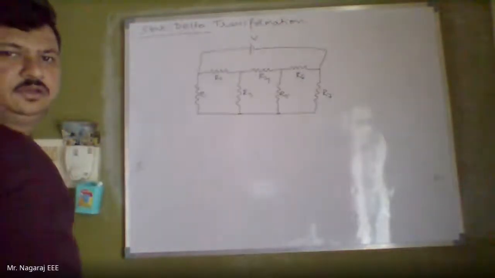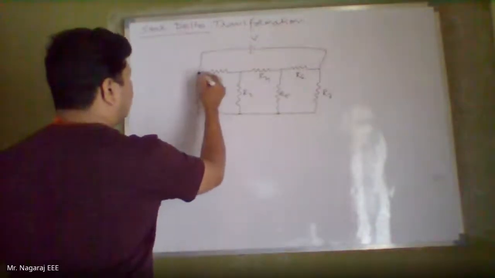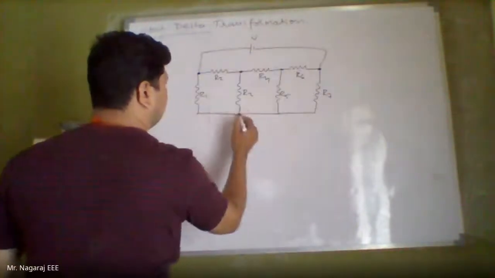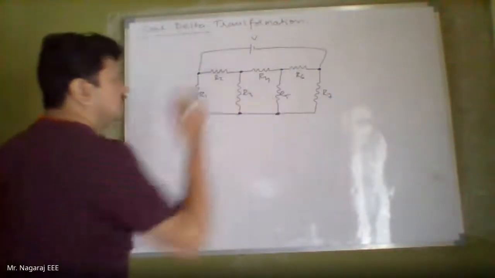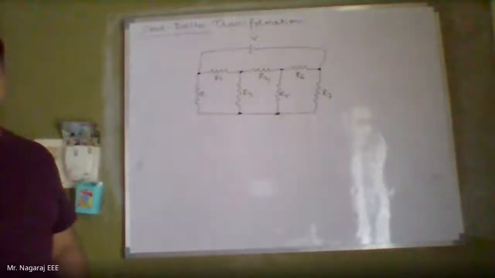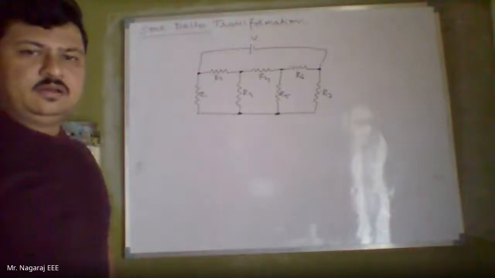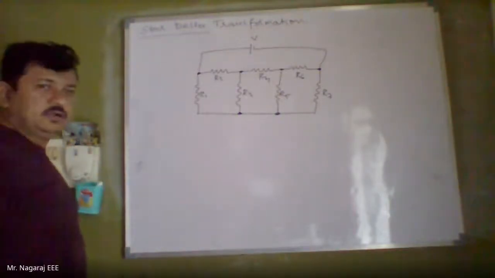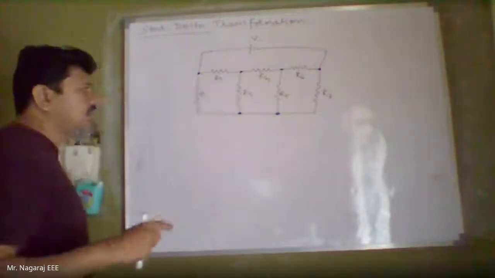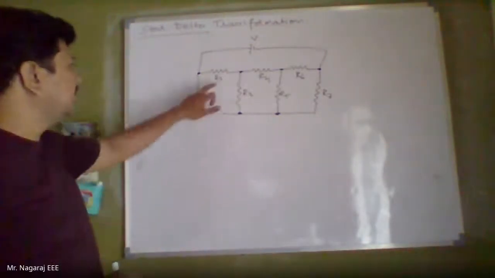So observe, there is a node here, node here, node here, node here, node here, and node here. Now I want to find the equivalent resistance. What shall I do? I cannot say directly that R1 and R3 are directly parallel, because there is R2 in between.